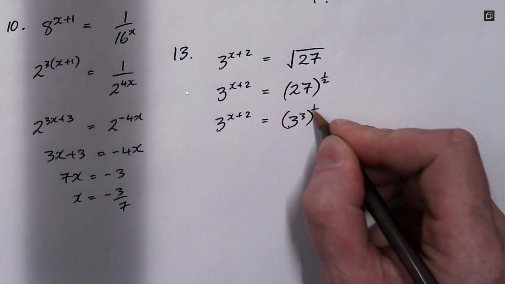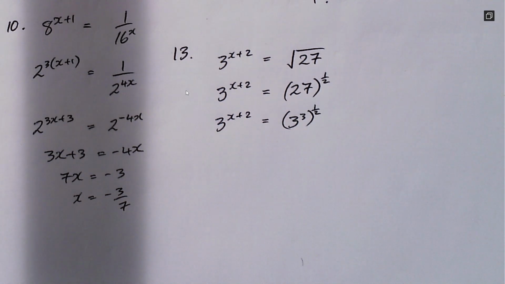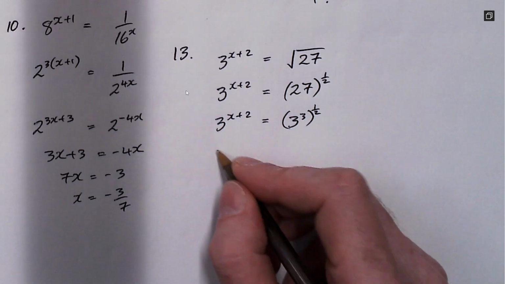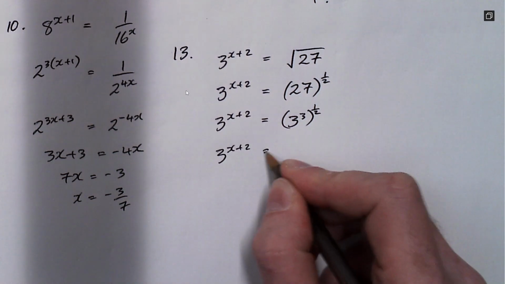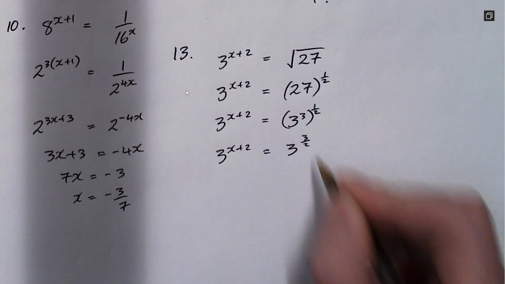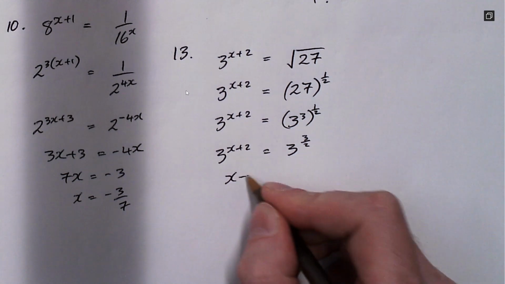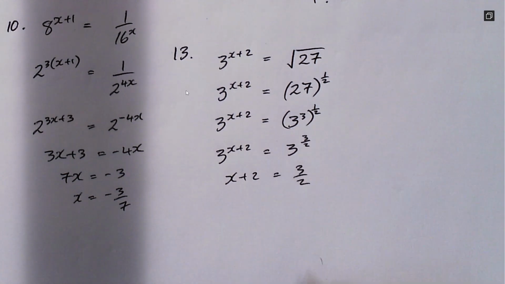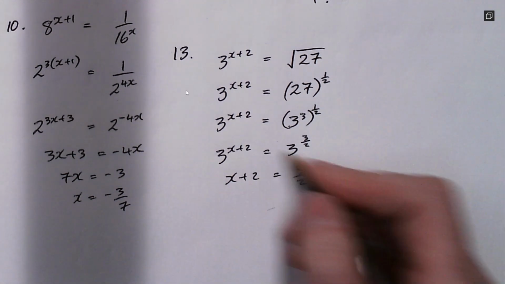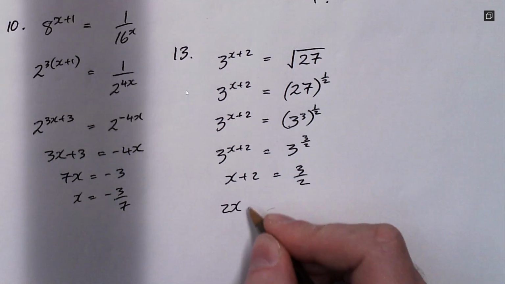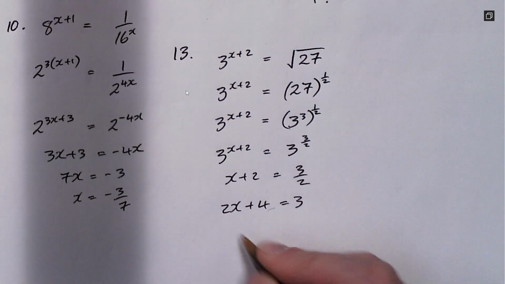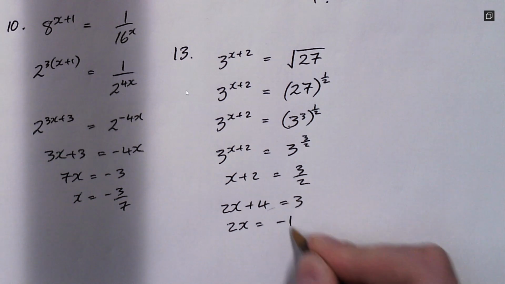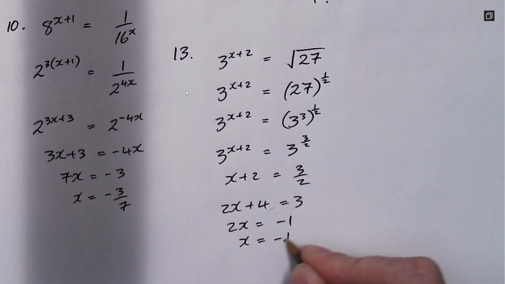Then you have x plus 2 equals 3 times 1 over 2, so you have 2x plus 1 equals 3.